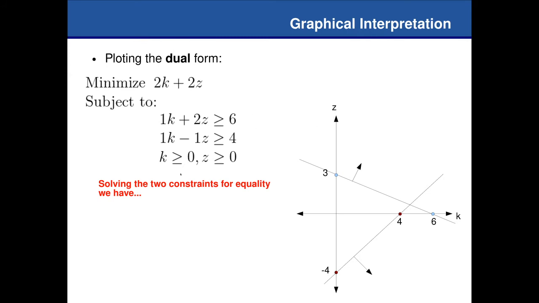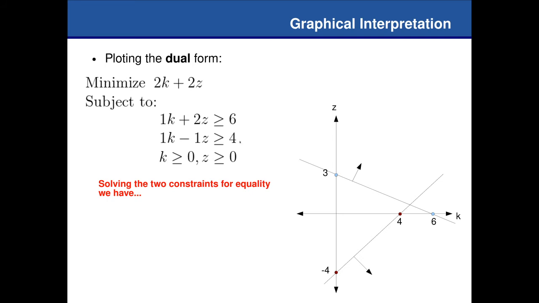This is my dual. I want to plot this constraint and this second constraint. If I solve this for the equality, 1k plus 2z greater than or equal to 6, for k equals 0, z will be 3 for the equality. So that's my point over here.